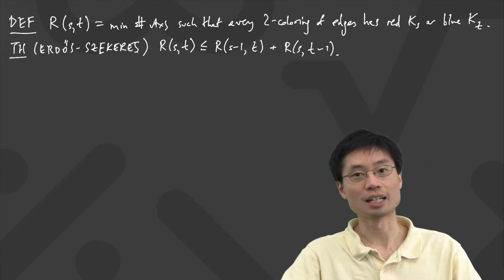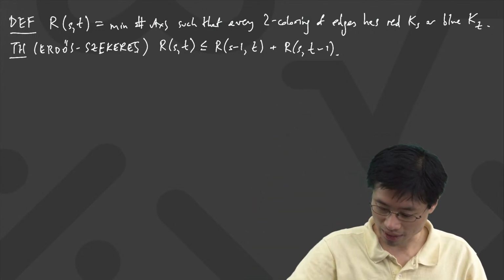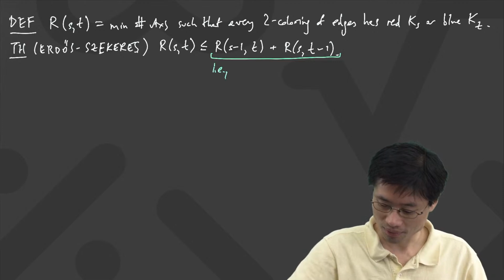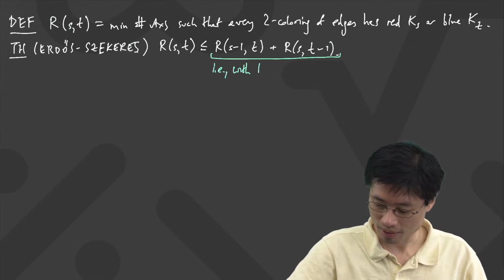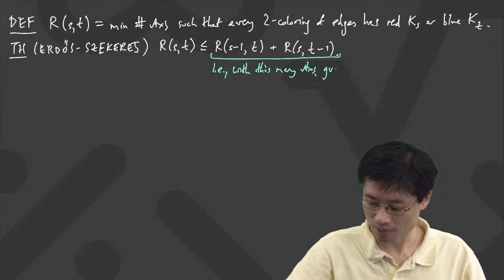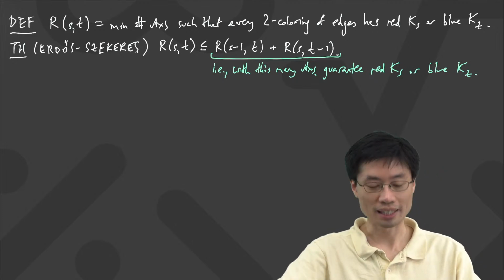And what we showed last time, translating this back into English, is that with this many vertices, you can guarantee a red K_S or a blue K_T. That's what we had last time.